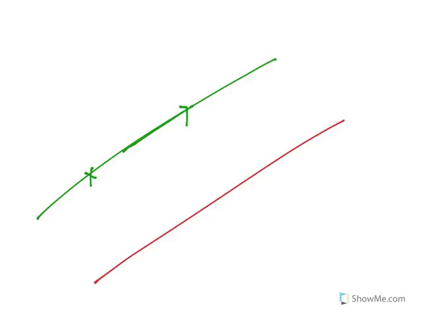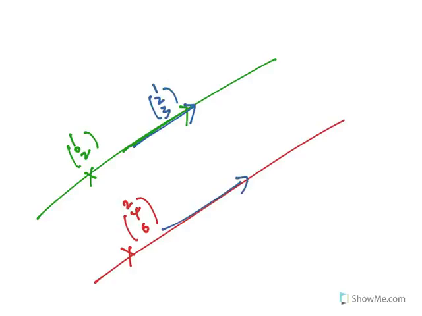The direction vector could be 1, 2, 3. This one could be 1, 0, 2. This vector here could be 2, 4, 6. Maybe this is 1, 2, 3 and this also has 1, 2, 3. Both have the same direction vector, but not the same line. That's why we need both things: one is position, one is direction, to describe this line.